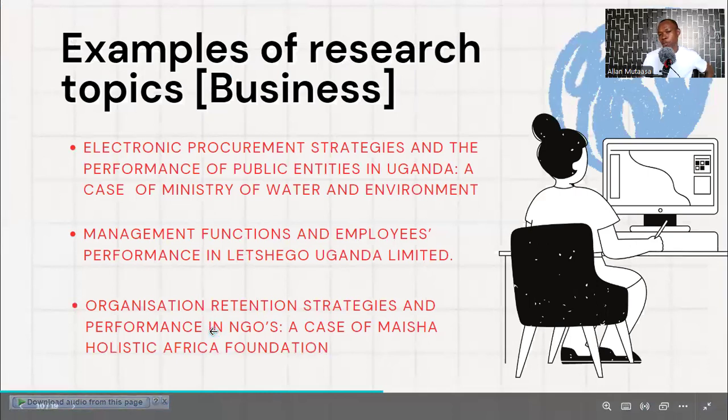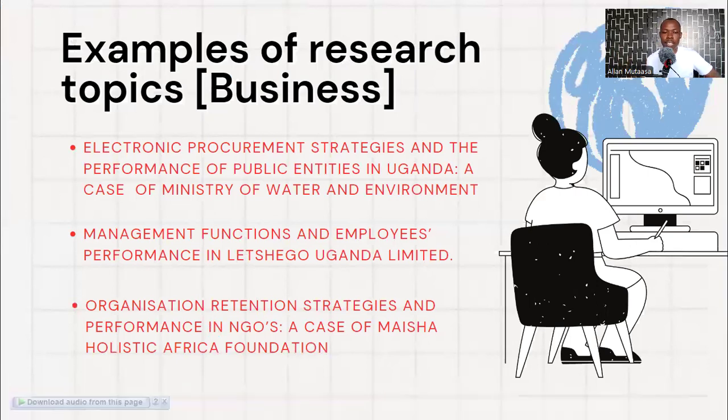Let's look at some examples of research topics. One in business. So you can have a topic which is like electronic procurement strategies and performance of public entities in Uganda. When you look at this, it might not make sense at first, but it was a trend because it was the effect of electronic procurement strategies on the performance of public entities in Uganda.